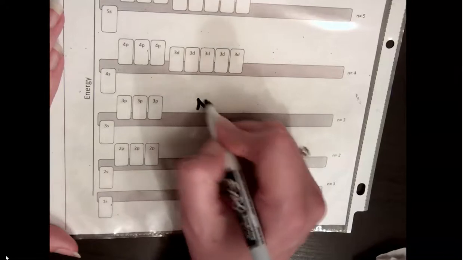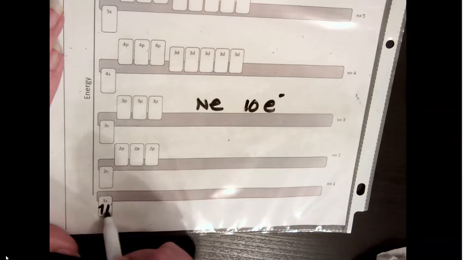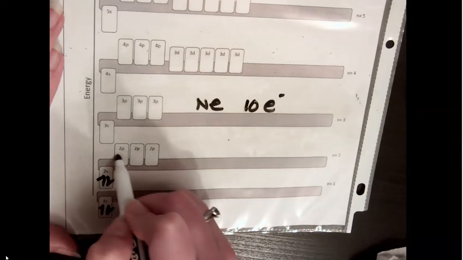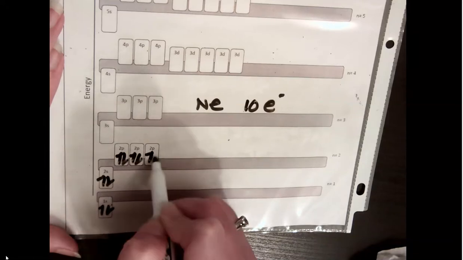And we're going to see something special happen here on neon. Neon has 10 electrons. 1, 2, 3, 4, 5, 6, 7, 8, 9, 10.